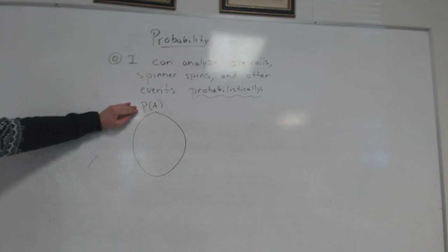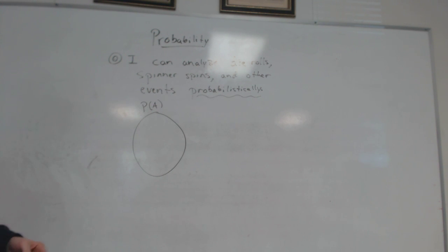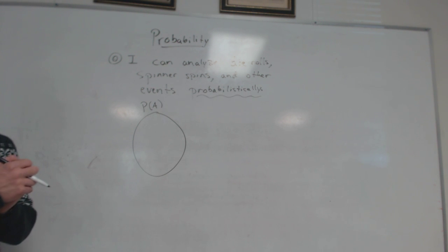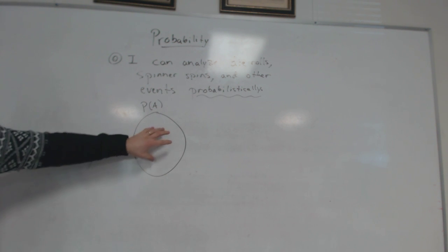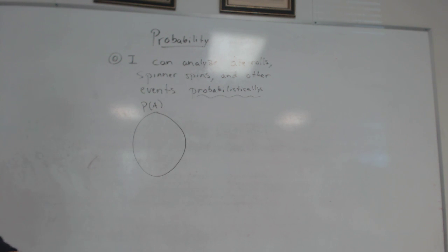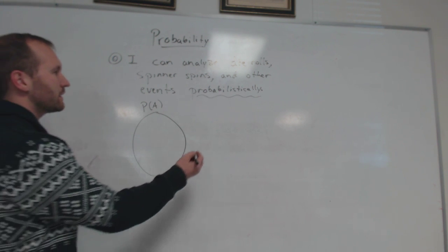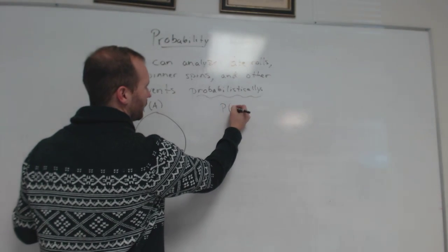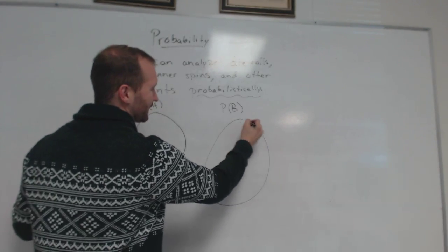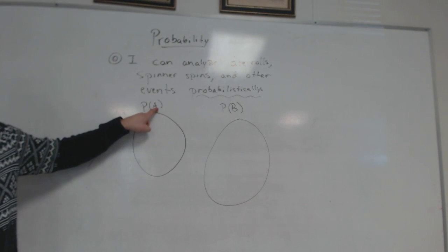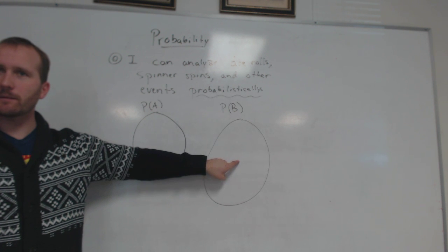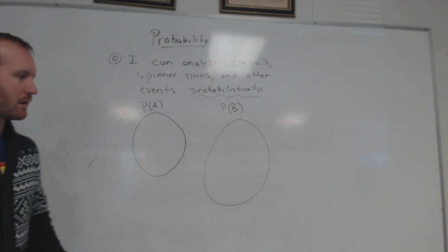The probability of picking out the letter B from a brown bag filled with letters, that's an area. What's the probability of picking out A? That's this area. Probability of picking out B is this area.